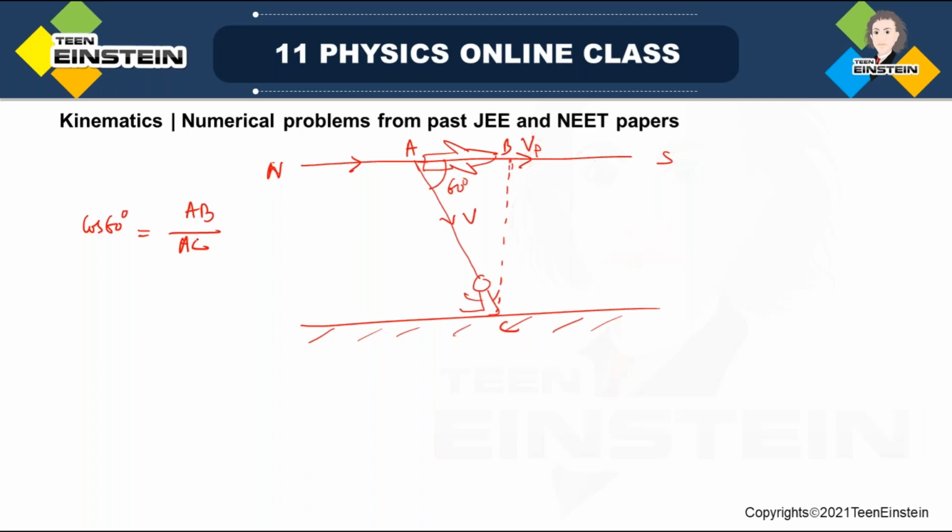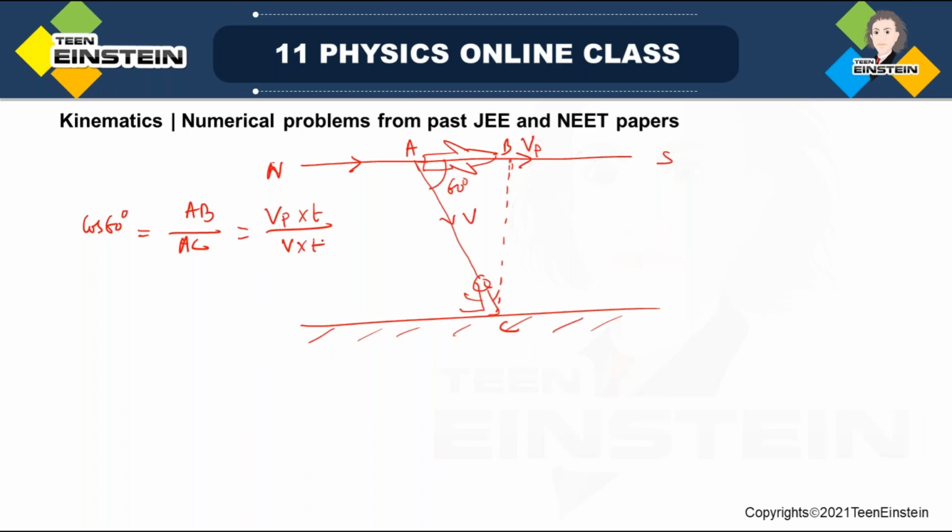What is AC and what is AB? AB is actually Vp into time t after starting the observation, and AC is actually V into t.